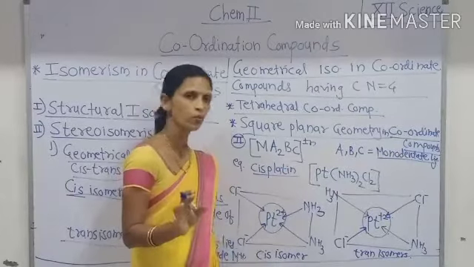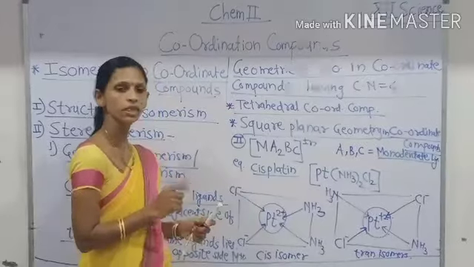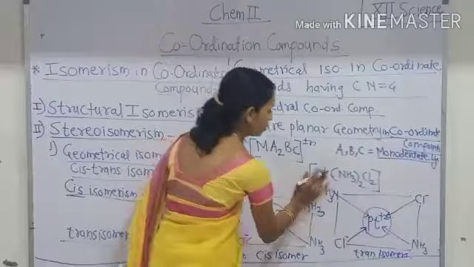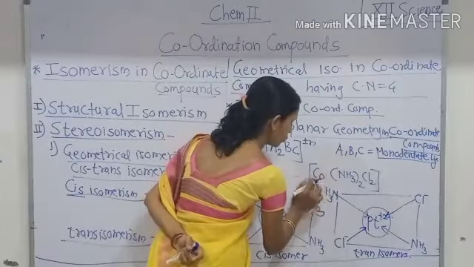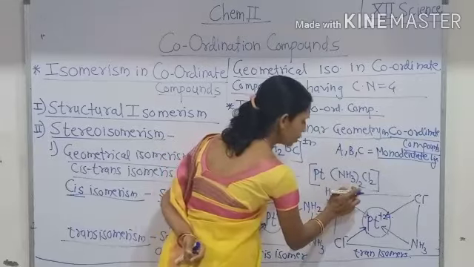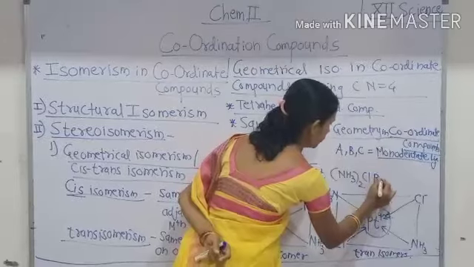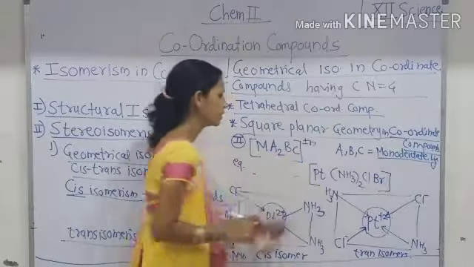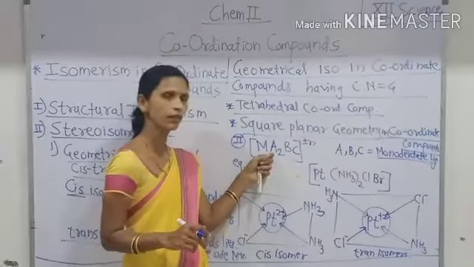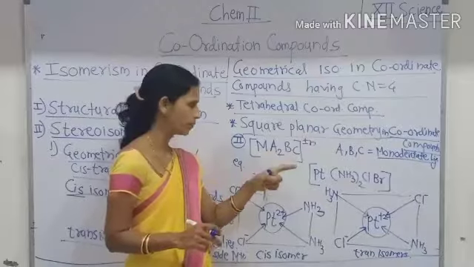Then an example of this type of complex is Pt(NH3)2ClBr, one of the examples of this type of complex having square planar geometry.